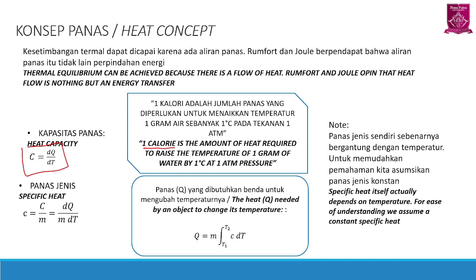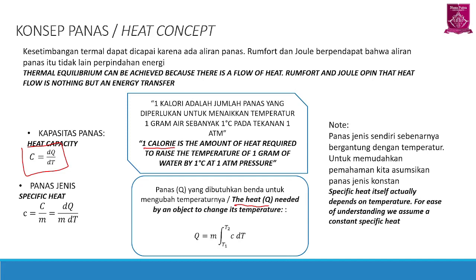Or we can calculate the total heat needed by an object to change its temperature with this formula: Q equals m multiplied by the integral of c dT. The integral is from T1 until T2.